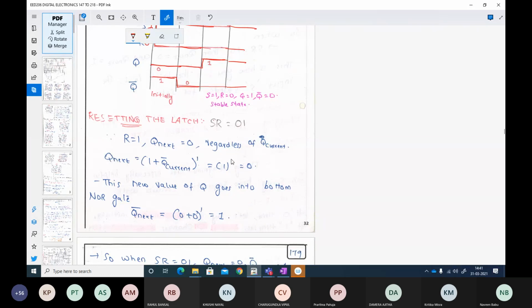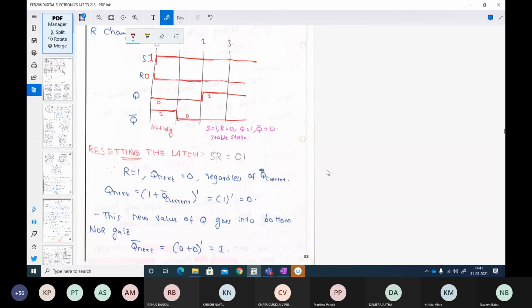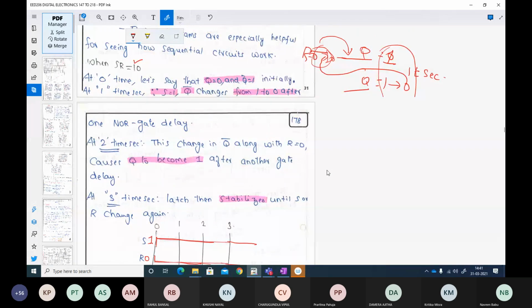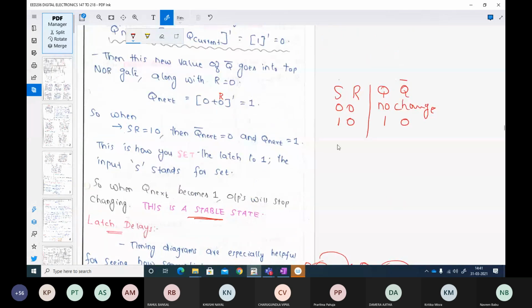So 1 plus anything is 1, and 1 the whole bar is 0. So now in the first time cycle, your Q next is 0. So what must be your Q bar? Q bar must go to 0. So let us see whether, sorry, it must go to 1. This new value of Q will go to the bottom NOR gate and it will set your Q bar to 1. So now let me add one more row to this particular truth table that I just wrote here.